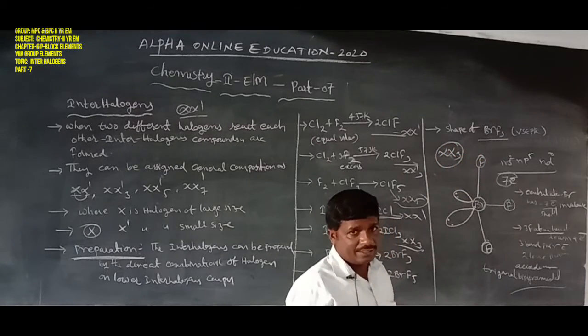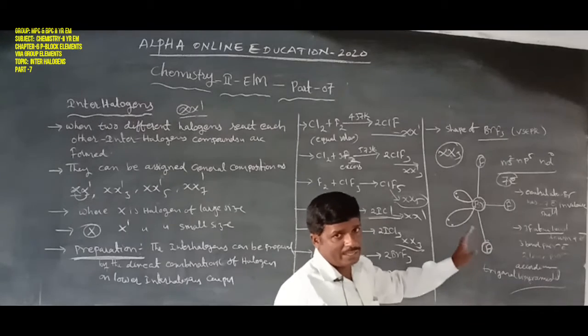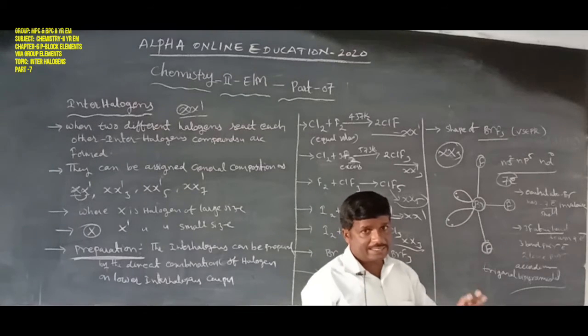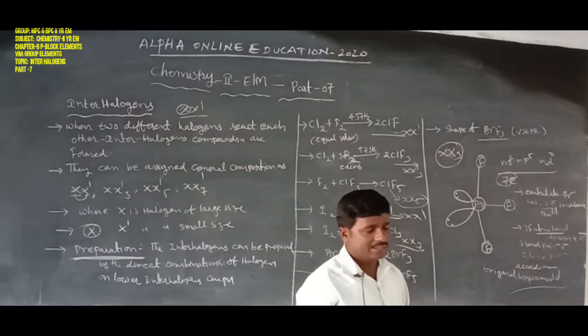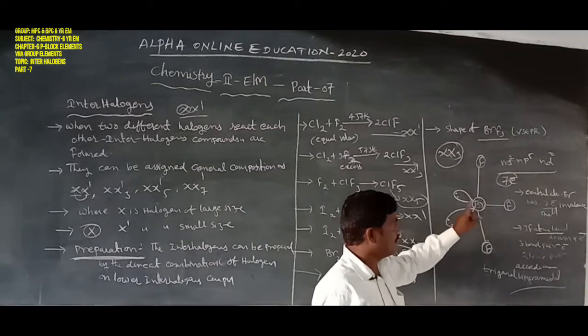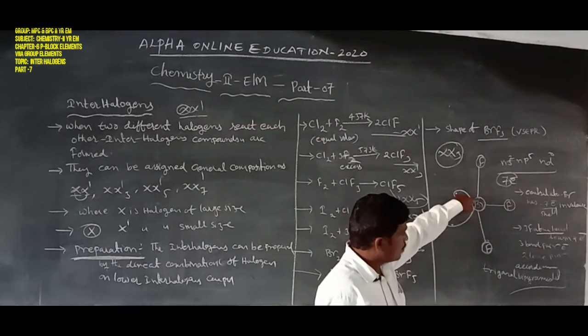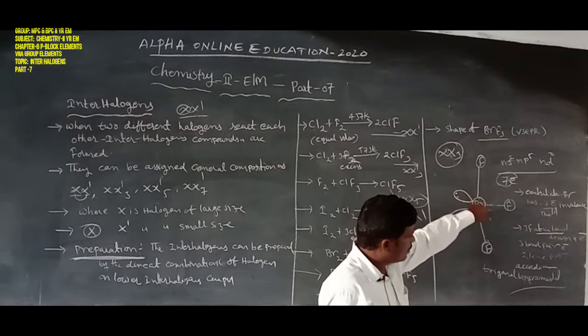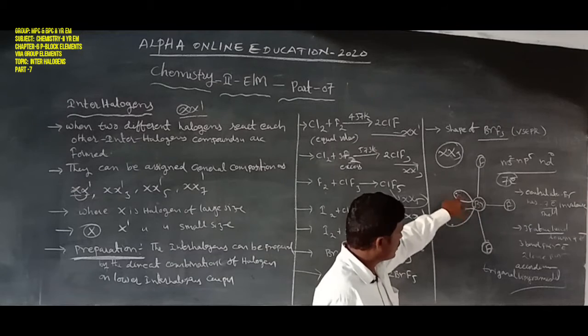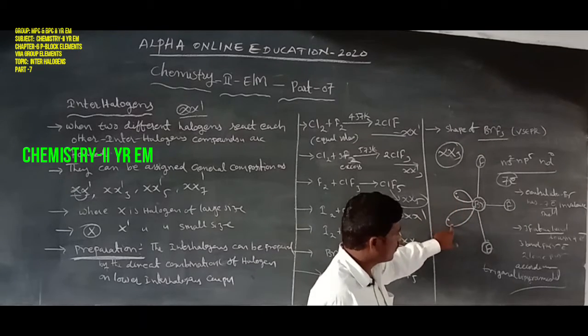The structure is explained by the VSEPR theory. In BrF3, bromine is the central atom. It has 7 electrons in the outermost shell, as bromine is a 7A group element. Bromine bonds with 3 fluorine atoms, leaving 4 electrons, 1, 2, 3, 4.